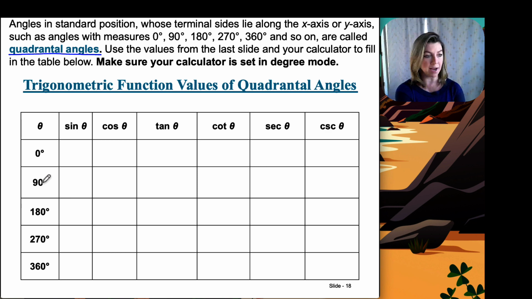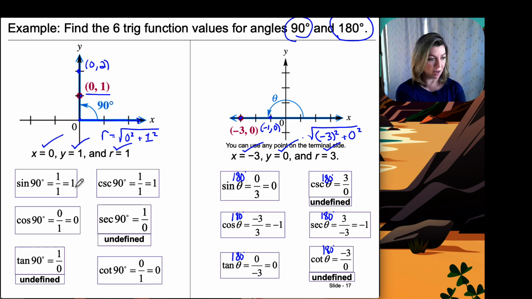Okay, so on the last slide, I'm going to look at the 90-degree example. I'm going to find the values of sine, cosine, tangent, cotangent, secant, cosecant. Okay, going back one slide, that would be like this. 1, 0, undefined, then to cotangent next. 0, undefined, 1. Okay?